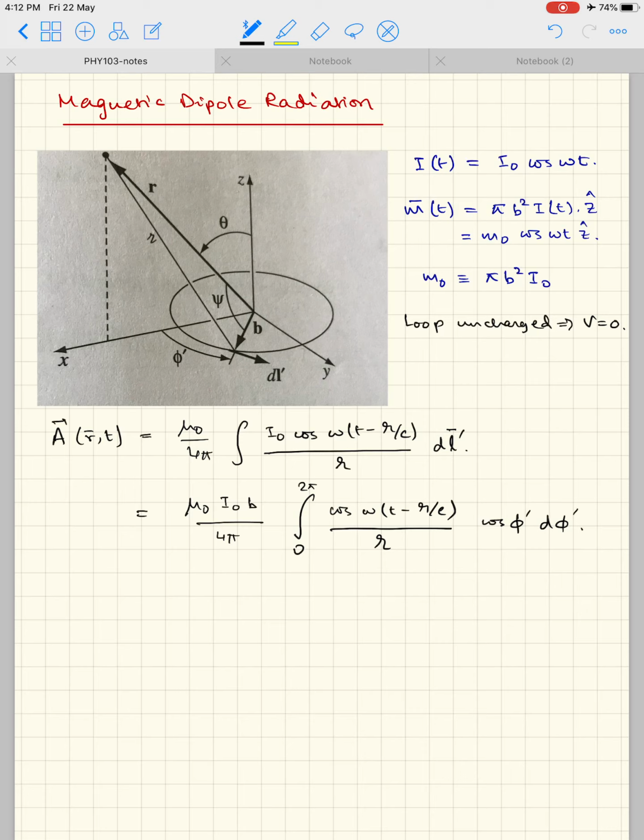So cosine of phi prime, you get that because that picks out the y component of the line element dl prime.